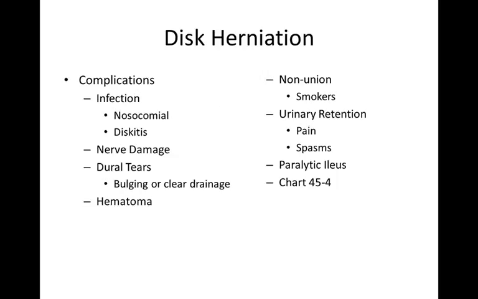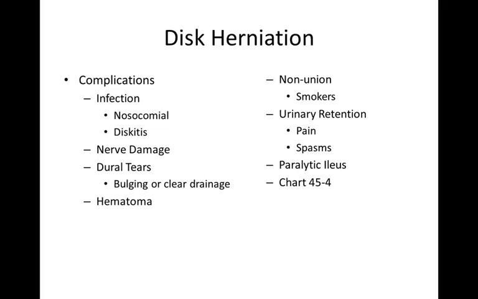Some complications that can be seen from surgery, well, they can develop a nosocomial infection, which we hope to prevent. But there can also be nerve damage while they're removing that disc that's impeding on the nerve. They can have the dura tear, like I said, which causes the CSF leak, and they can develop the spinal headaches.